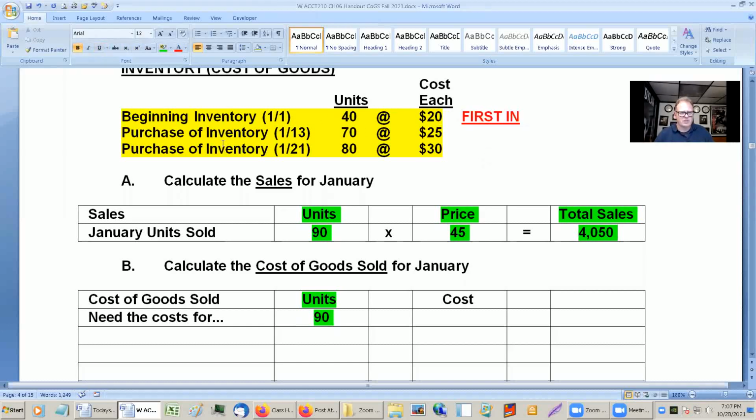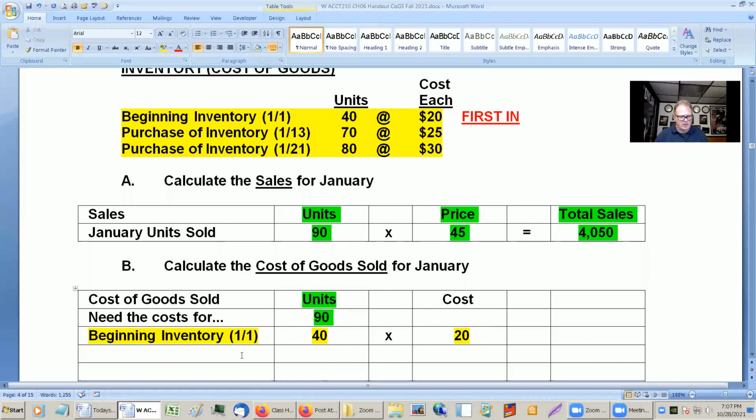So these are the first ones in, so this is where we're going to start. Now we can't get all 90 from that. We only get 40. Cost is 20. I'll do the calculations later.